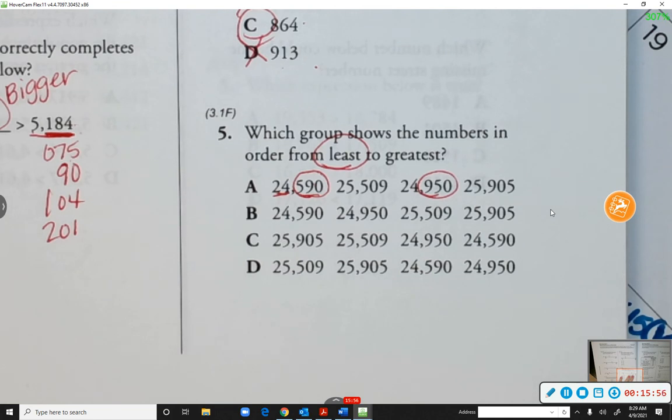What's wrong with it, Bryson? You need to actually say the number. Don't just say the one on this side. We know how to read numbers.